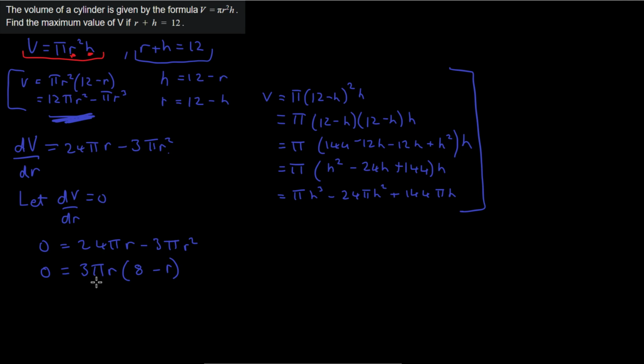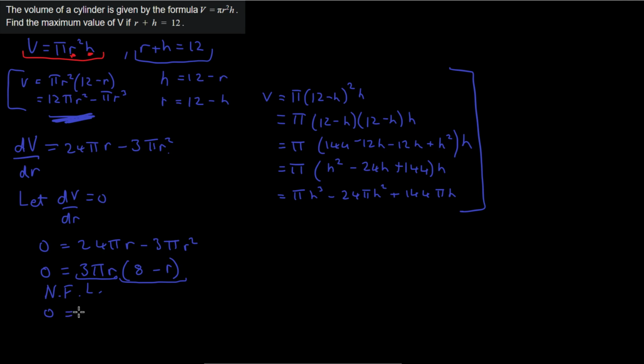Lovely. Now we can apply the null factor law at this point. Null factor law, because we've got something times something else. So 3 pi r times 8 minus r. So if it equals 0, that means either this first term, this bit here, has to equal 0, or this has to equal 0.